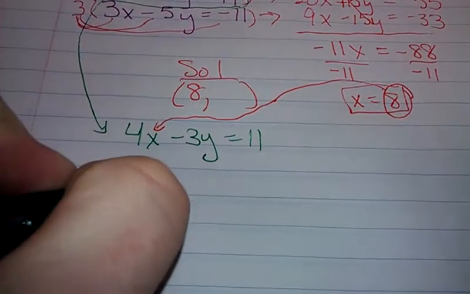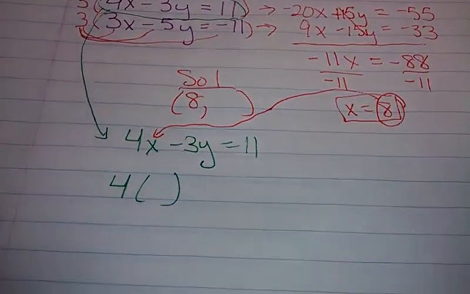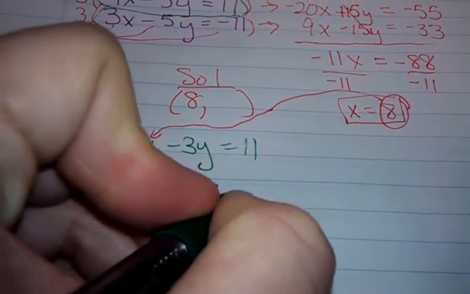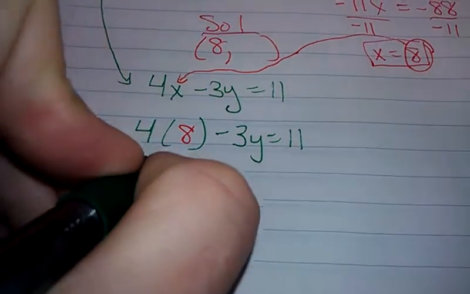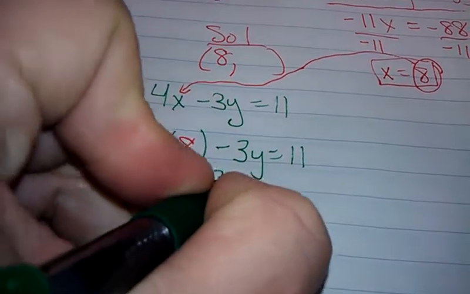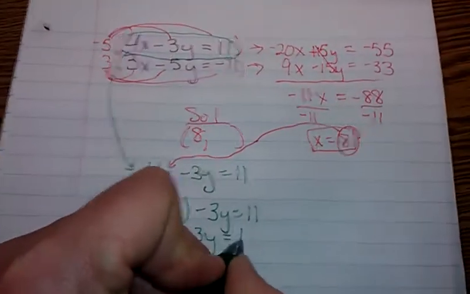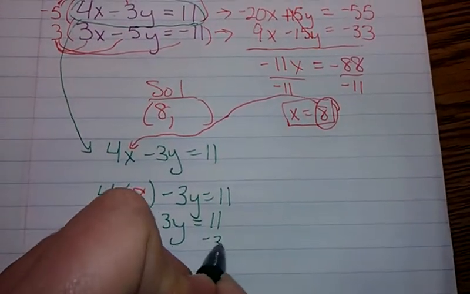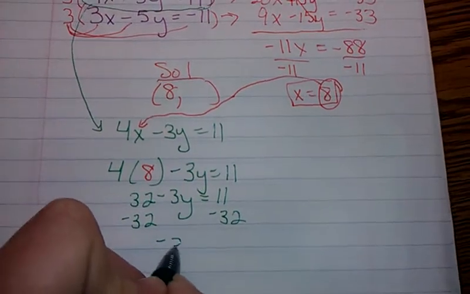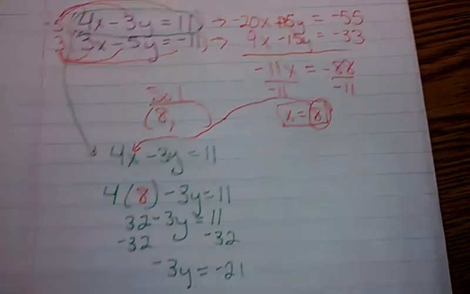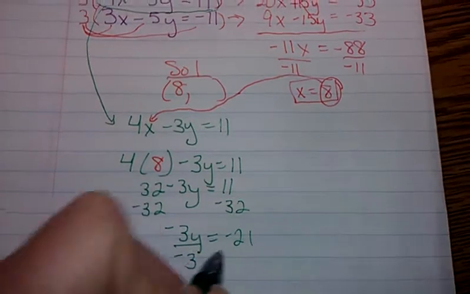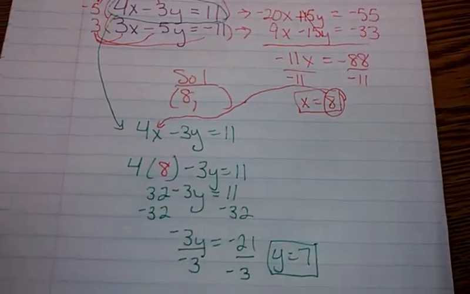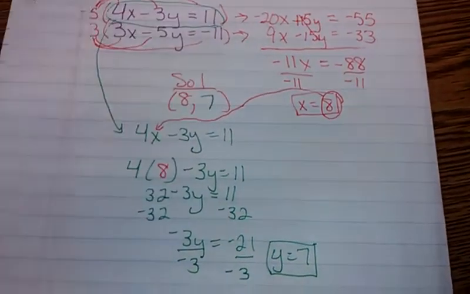And I get 4 times 8 minus 3y equals 11. 32 minus 3y equals 11. Subtract 32 from each side. -3y equals -21. Divide by -3. Y equals 7. So my solution is 8, 7.